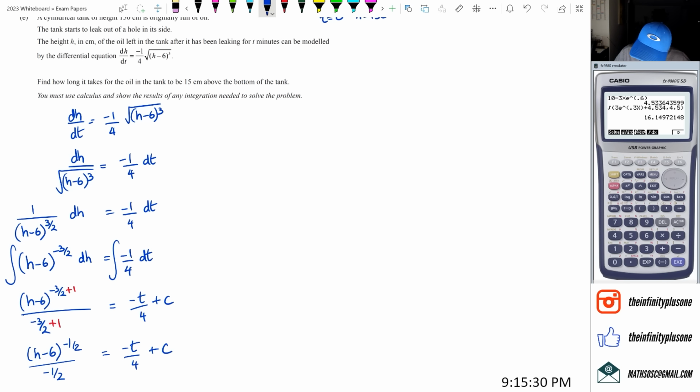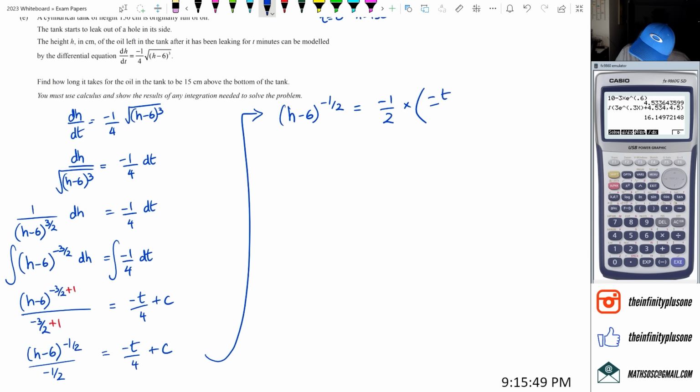Now, what I can do here is carry on and bring that -1/2 to the right hand side, which means I'm going to get h minus 6 to the power of -1/2 is equal to -2 times -t over 4 plus c.